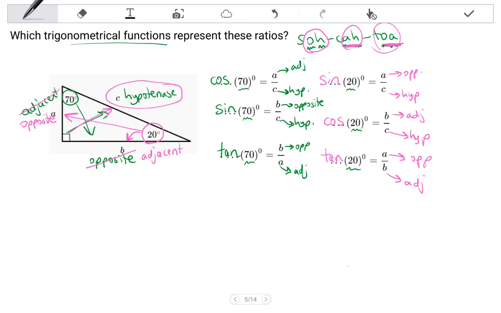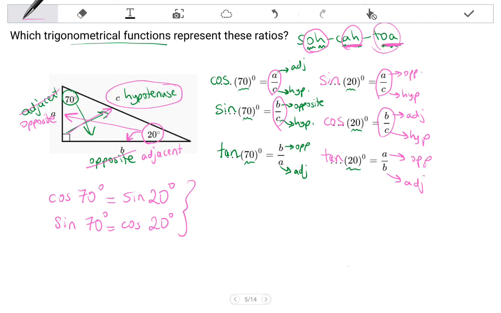So have you seen some of the ratios are equal? Here we have A over C and A over C, B over C and B over C. And we see that cosine of 70 degrees equals sine of 20 degrees, and sine of 70 degrees equals cosine of 20 degrees.